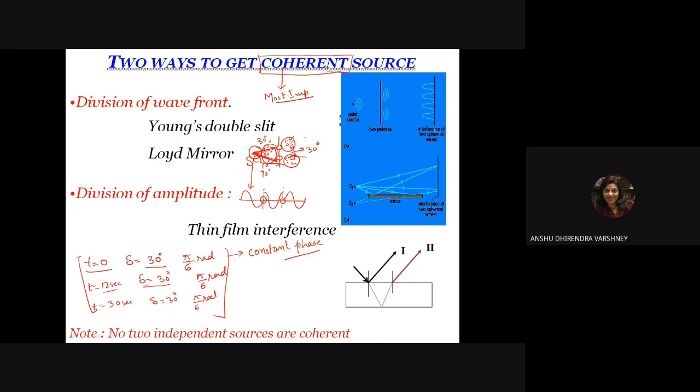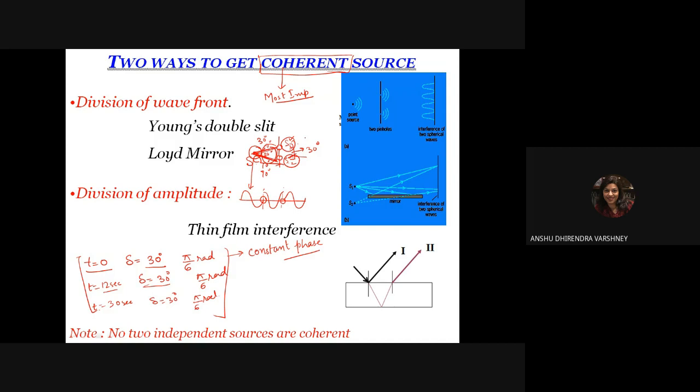Question एग्जाम में एक क्वेश्चन जरूर आता है, just to check your basics, why the two different sources cannot be a coherent source. ये क्वेश्चन फेवरेट क्वेश्चन होता है एग्जामिनर का, just to verify your basic knowledge that how can you connect a coherent source with the interference.